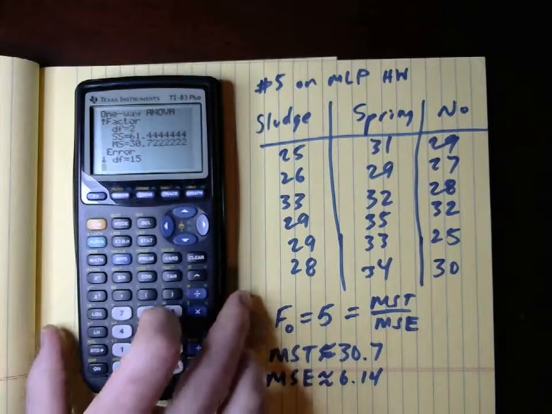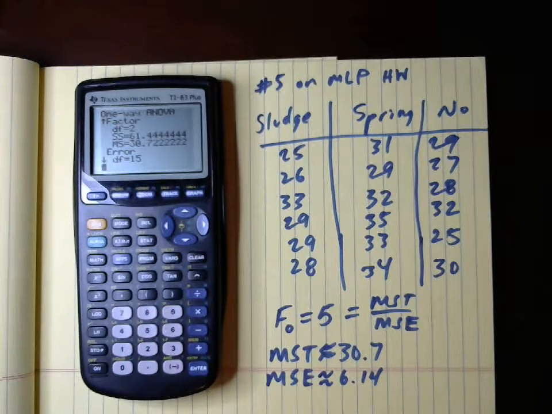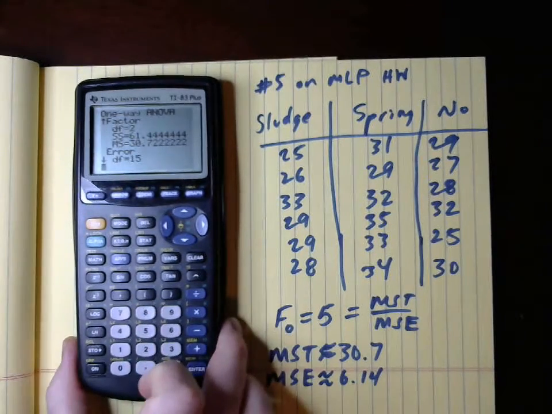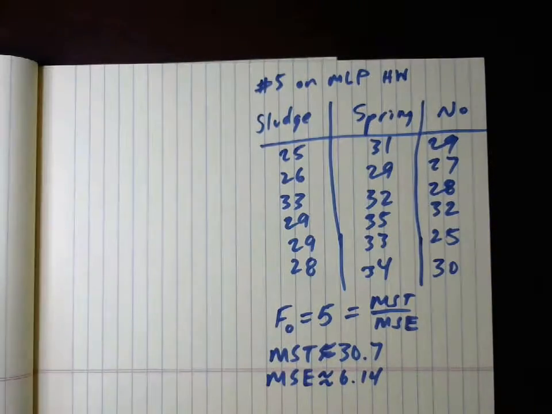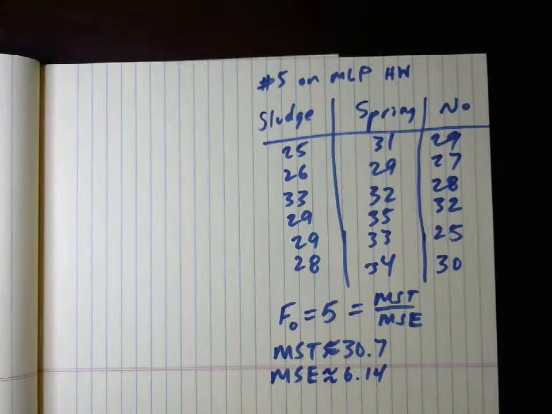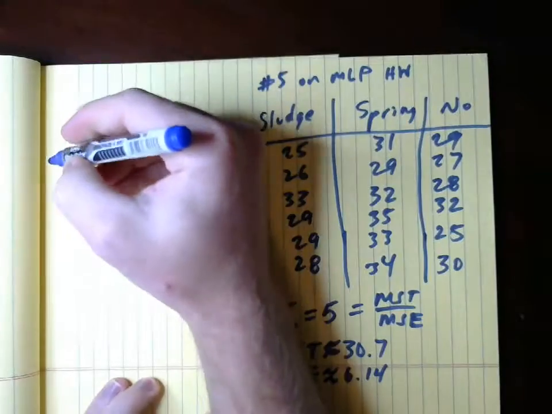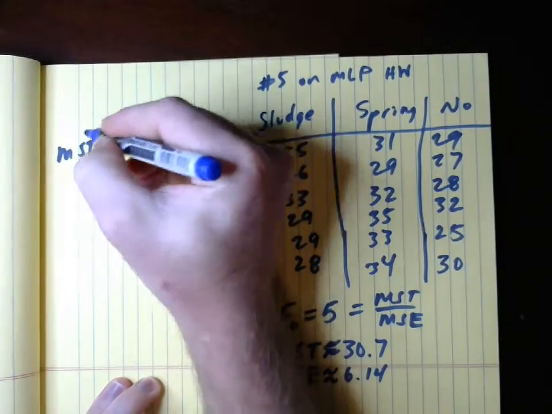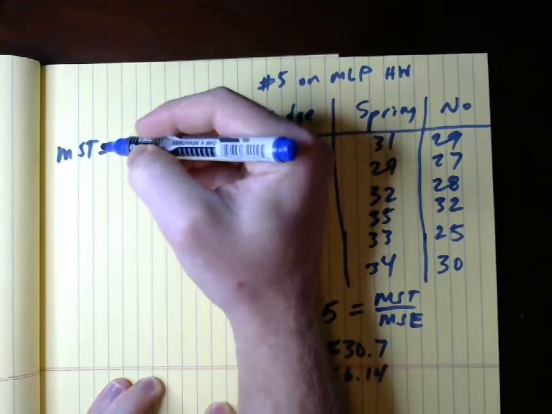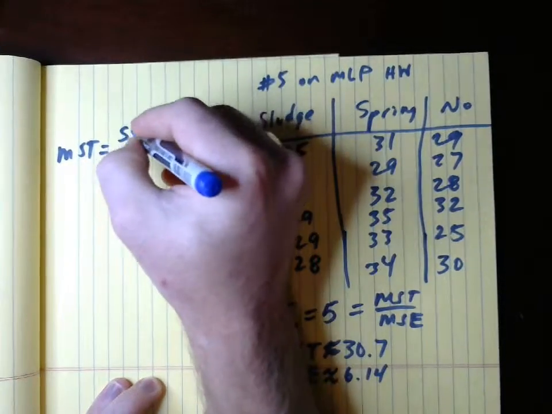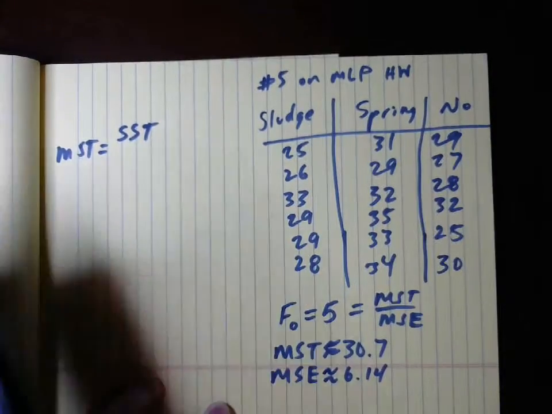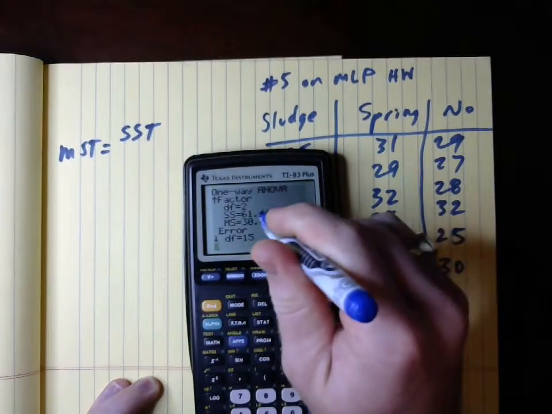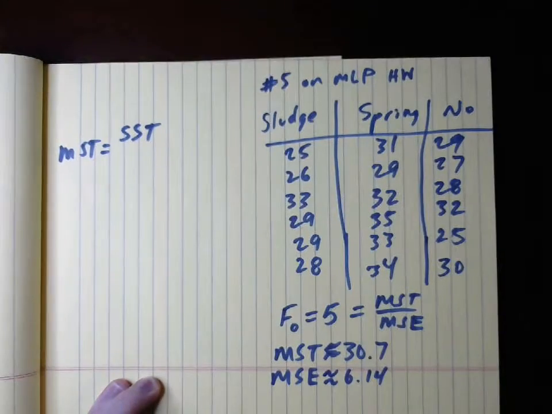I'm going to go ahead and show you how we would calculate each of these values. So let's start out with the MST. The MST, or also the mean squared due to treatment, is equal to the SST, which is the SS right there, 61.4444 for this example.